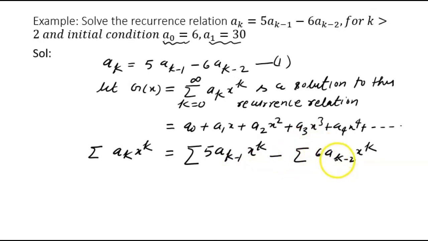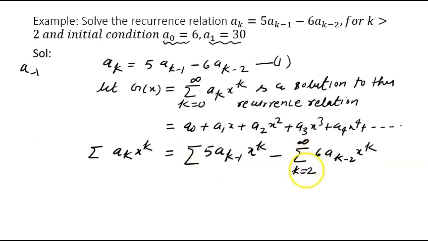You can clearly see that I need to start the summation at k equals 2, because if I take anything less than 2, for example k equals 1, then I will get a_{1-2}, so a_{-1}. That will create a problem because we are considering that the terms start at a0. That is why I am starting the summation from k equals 2 to infinity.